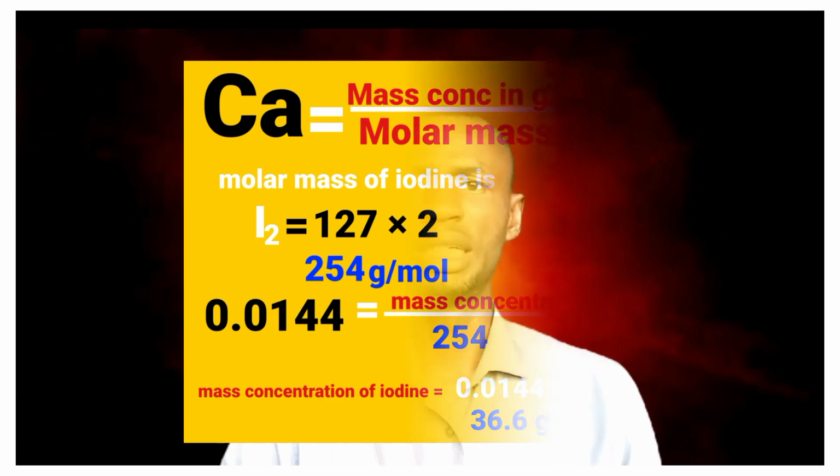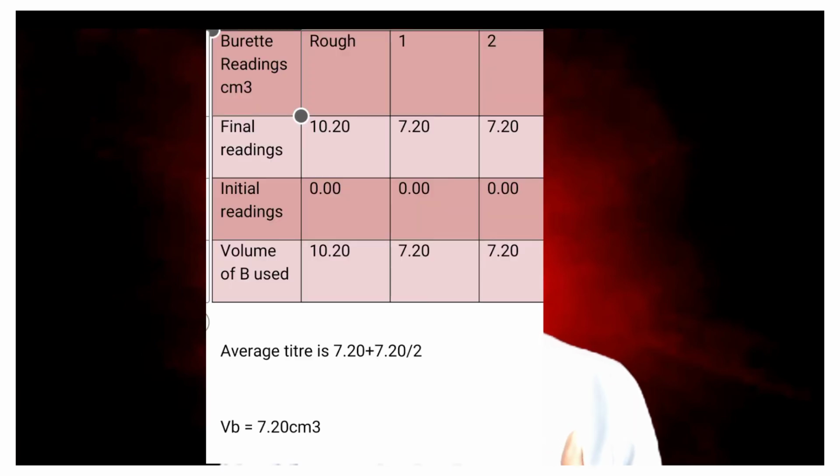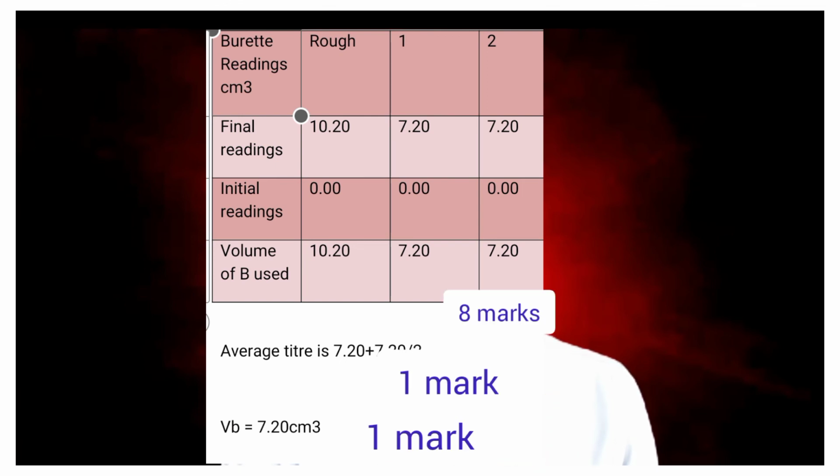Like I promised earlier, I'm going to display the titre values I obtained during this practical. When you have the correct table, the table itself carries 8 marks, and you must follow the rules on how to draw the table for you to have that 8 marks.